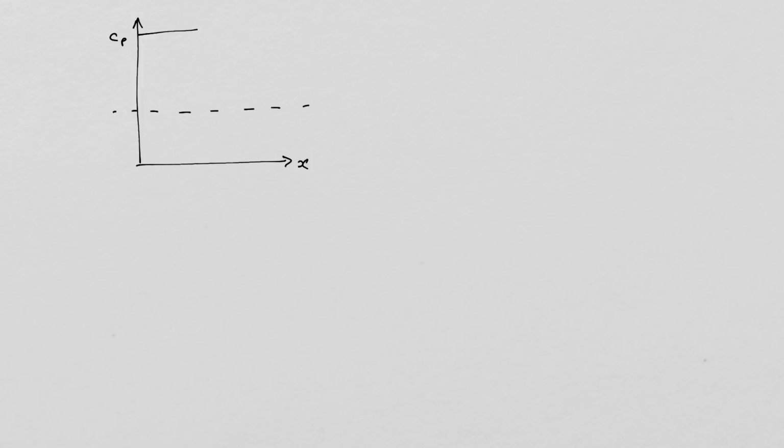And it has a concentration C sub P, C precipitate, inside the precipitate. And this planar precipitate has some size S away from the origin, away from its center, okay? And the concentration profile, if it's growing, will look like this.